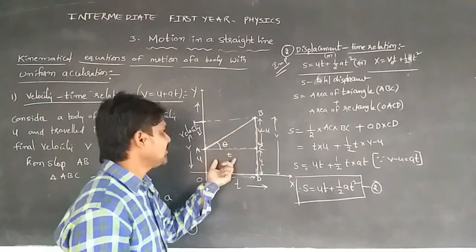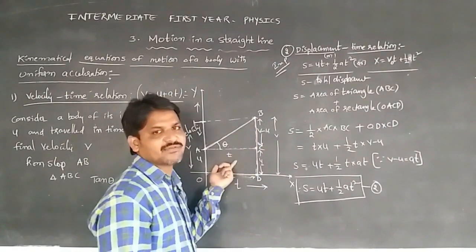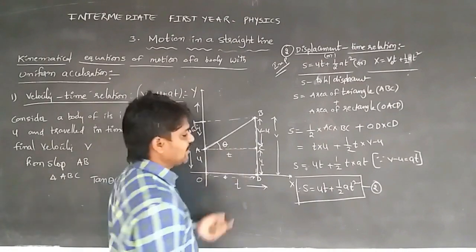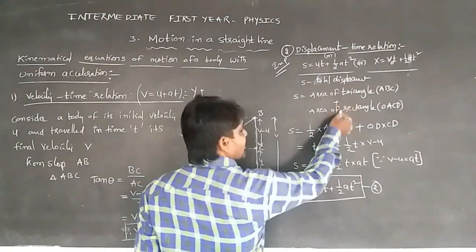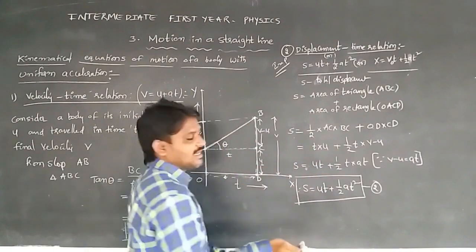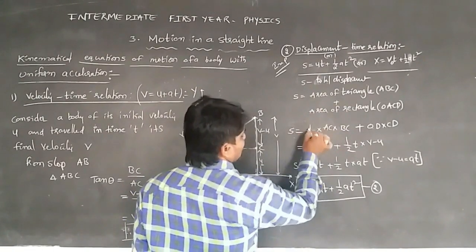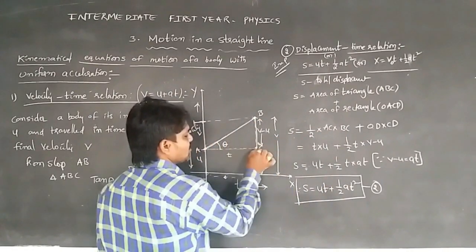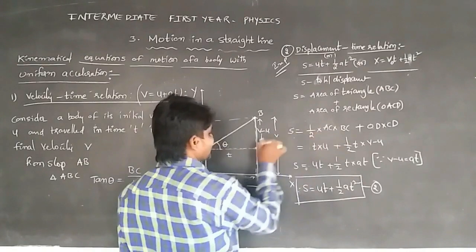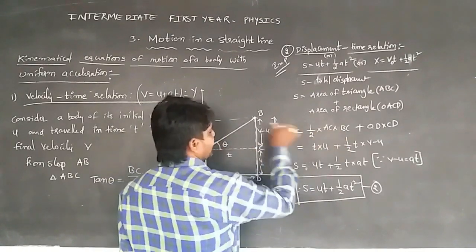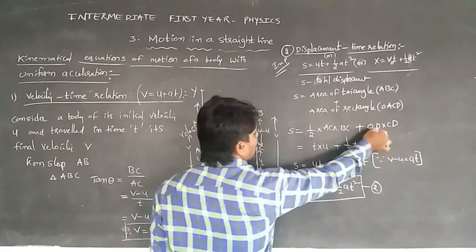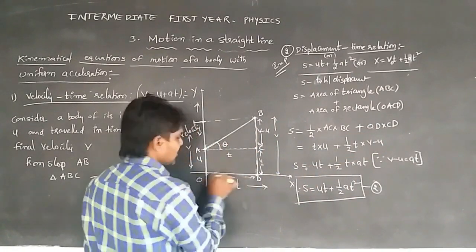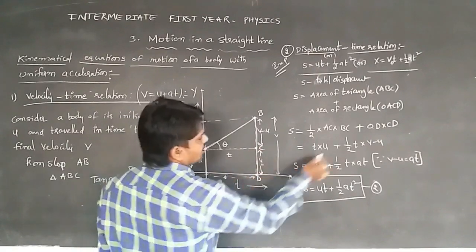If we sum the area of the rectangle and the area of the triangle, we get the total displacement. So S is equal to half into AC into BC plus OD into CD, the length into breadth of the rectangle.